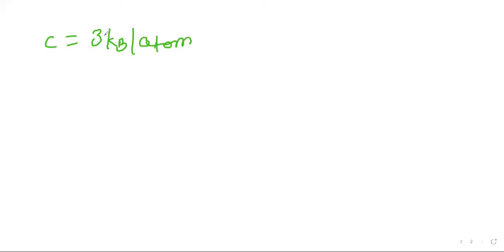If we multiply this number by Avogadro number, then this is 3R. So the CV, at constant volume, was 3R, and today we call this Dulong and Petit's law.